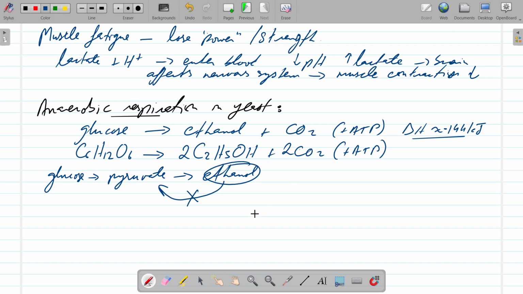But the fact that it can produce ethanol under anaerobic conditions is actually utilized in our industries and even at home. When you add yeast to dough, when you put flour and water and mix it together and put a bit of yeast and leave it, you see after half an hour or something, the dough rises.